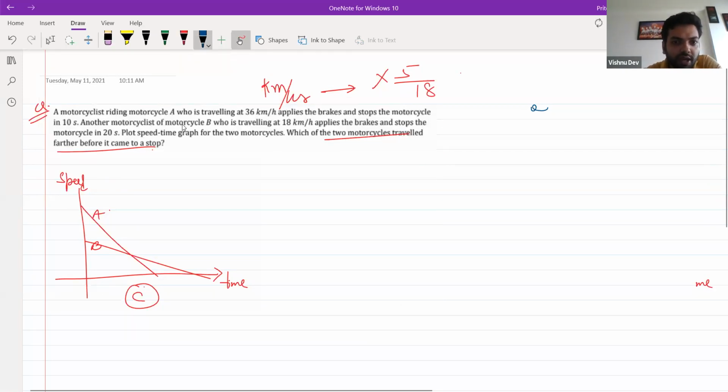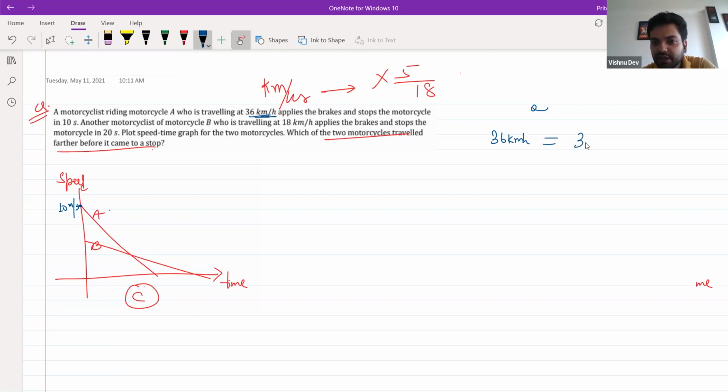Okay, so A is traveling at 36 kilometers per hour. That means initially its velocity is 10 meter per second, because to convert 36 kilometer per hour into meter per second, we multiply by 5 by 18. And it applies the brake and stops in 10 seconds.